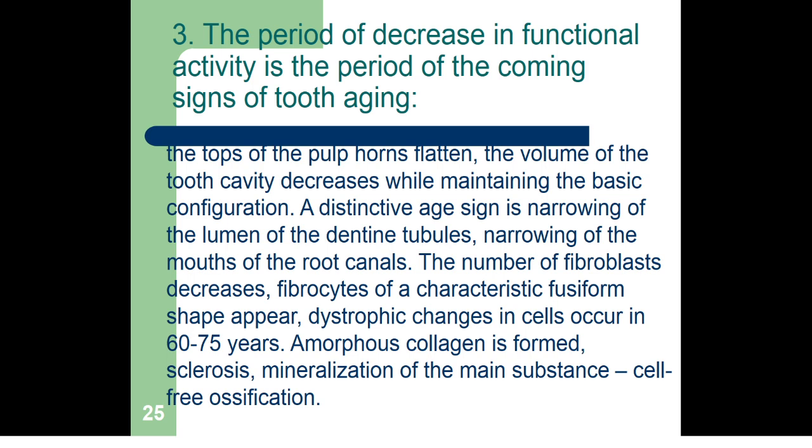The number of fibroblasts decreases, fibrocytes of a characteristic fusiform shape appear. Dystrophic changes in cells occur at 60-75 years. Amorphous collagen is formed, sclerosis, mineralization of the main substance, cell-free ossification.